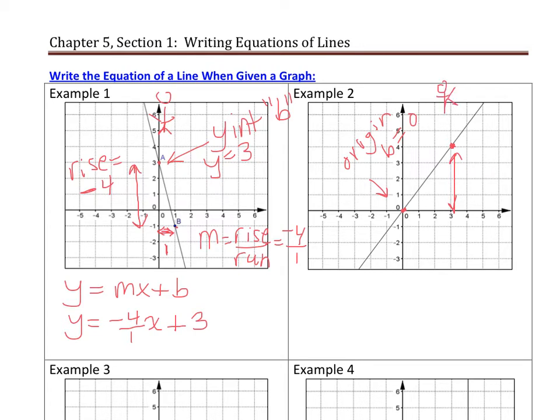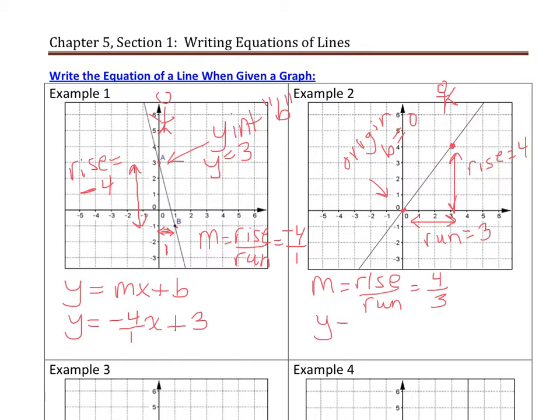And the rise between those 2 points, count the boxes, is 1, 2, 3, 4. So the rise equals 4, and the run in between those 2 points is 3 boxes. So therefore, our slope, rise over the run, equals 4/3, positive 4/3.